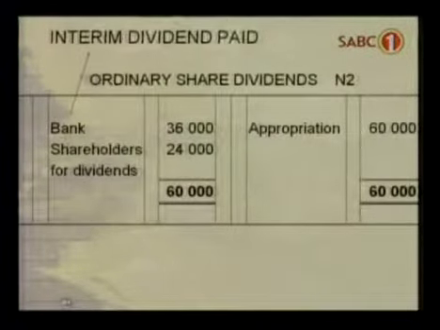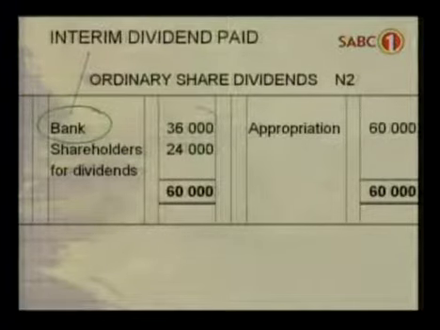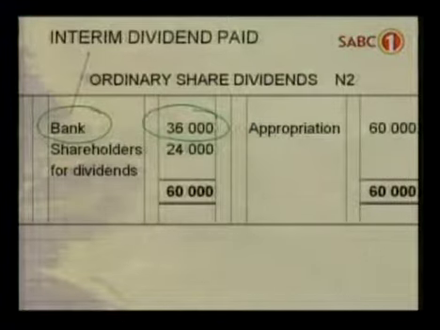Open up my ordinary share dividends account. And in this account here, remember that this bank figure here represents my interim dividend. Okay? When we pay an interim dividend, what do we do? We debit ordinary share dividends and we credit bank. So immediately I've got my one bank figure, 36,000.